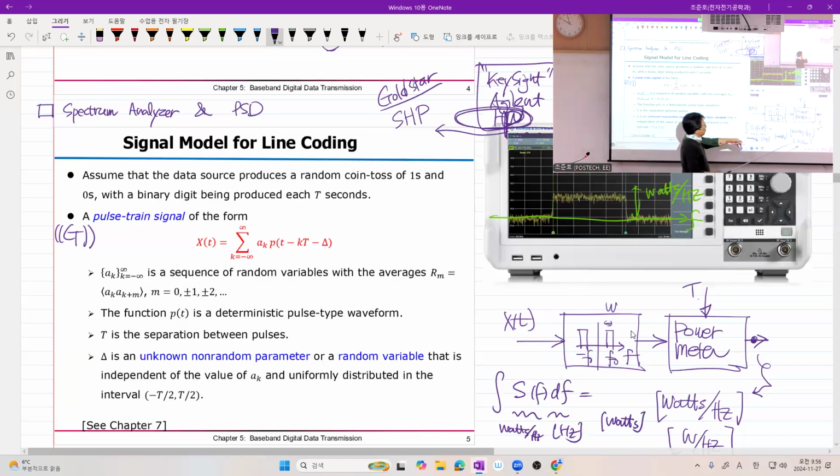Of course, this is an approximation because the power meter accumulates energy and, mathematically speaking, divides by this T. So what we usually do is that our signal is kind of stationary. And the definition of stationarity is complicated, and I hope you learned in 전자수학 A, EECE341.